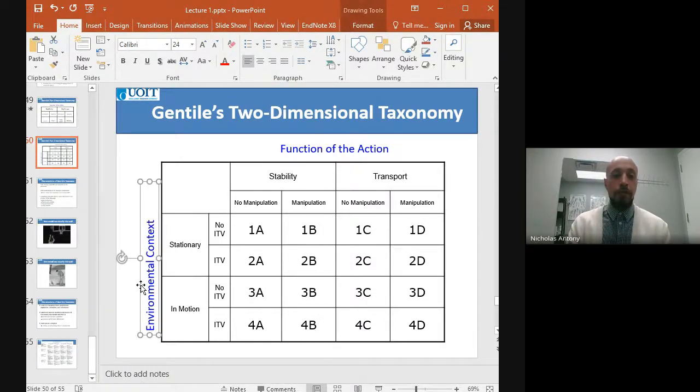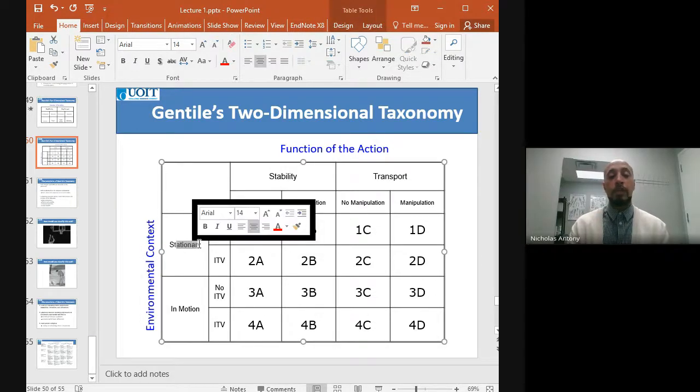So Jeff, in long jump, are the environmental regulatory conditions moving or not moving at the beginning? Stationary. Yep. And then with each trial, do the regulatory conditions change?